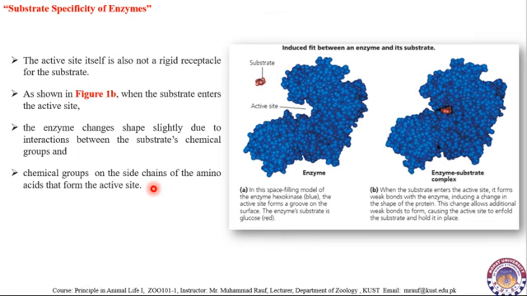Because when the substrate comes and binds to atoms in the active site, to amino acids in the active site, there is interaction between the R groups of the amino acids and some of the atoms of the substrate.